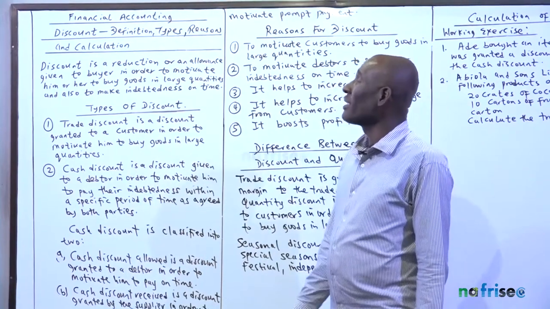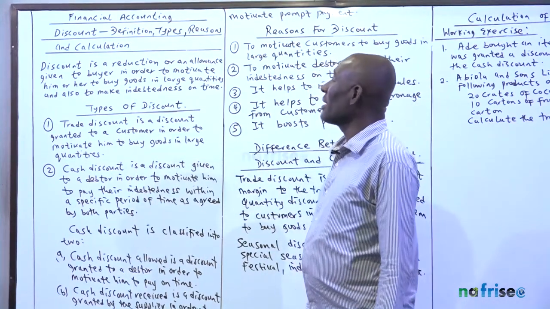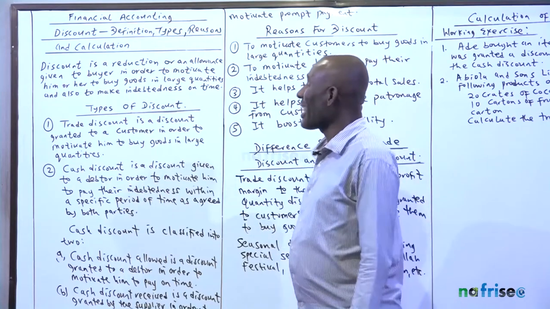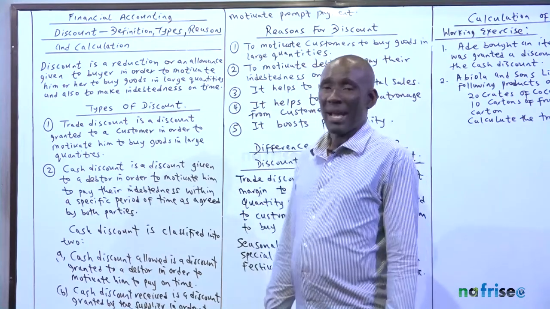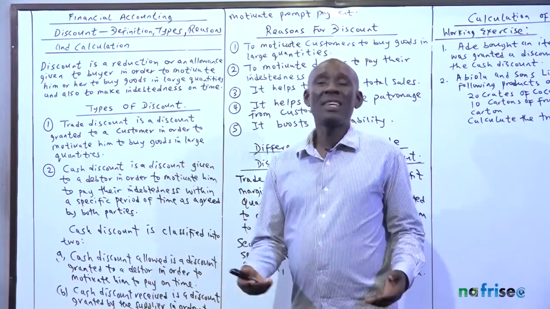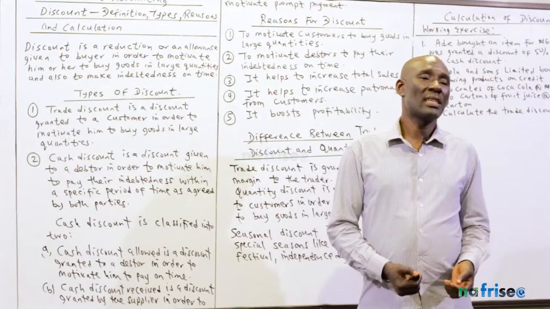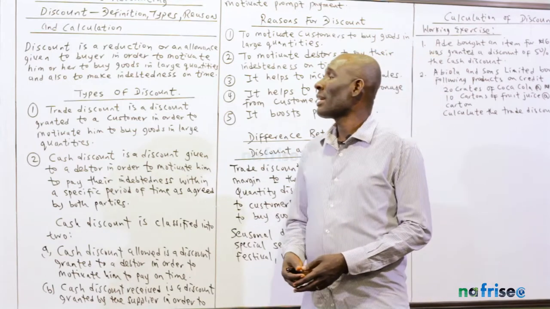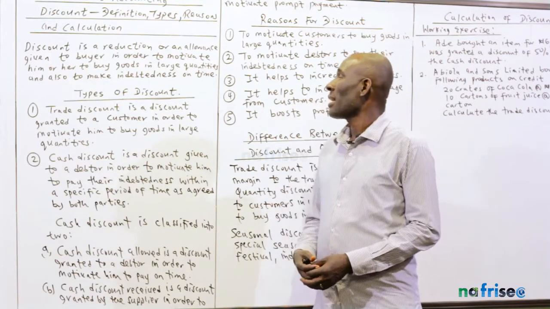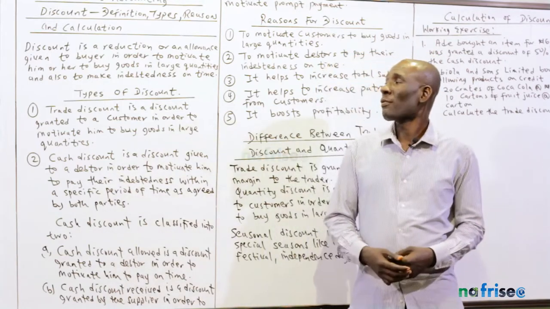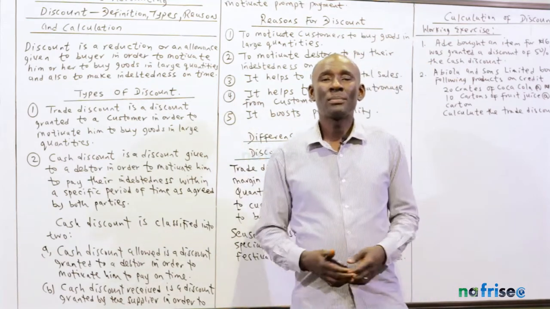And we have discount as being a reduction or allowance given to a buyer in order to motivate him or her to buy goods in large quantity and also to make payment for indebtedness on time.